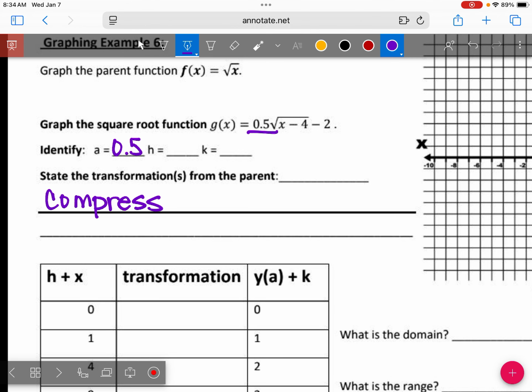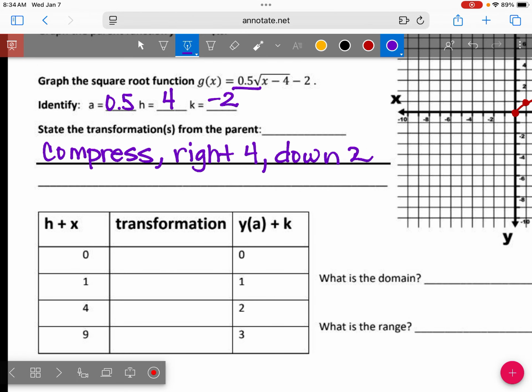Under the hood in the house, we have a -4, which means it is a +4. That's going to make our new graph go right. And in the backyard, we have a -2, which is going to make it go down. So let's remember this number changes X. So I'm going to take that 4 and add it all the way down.